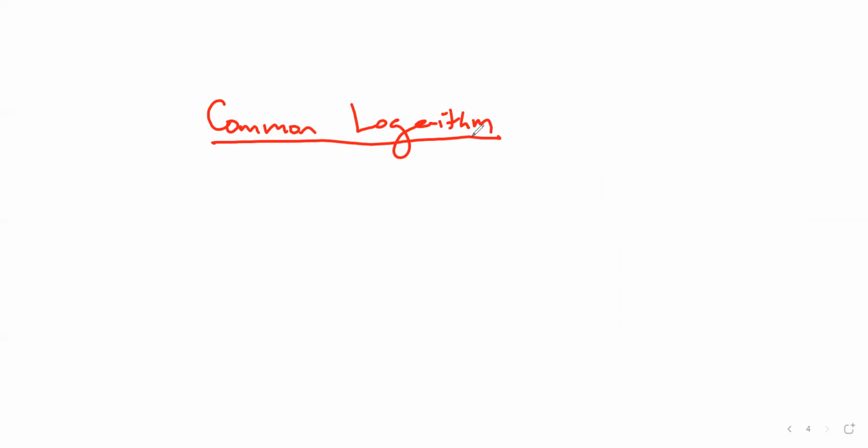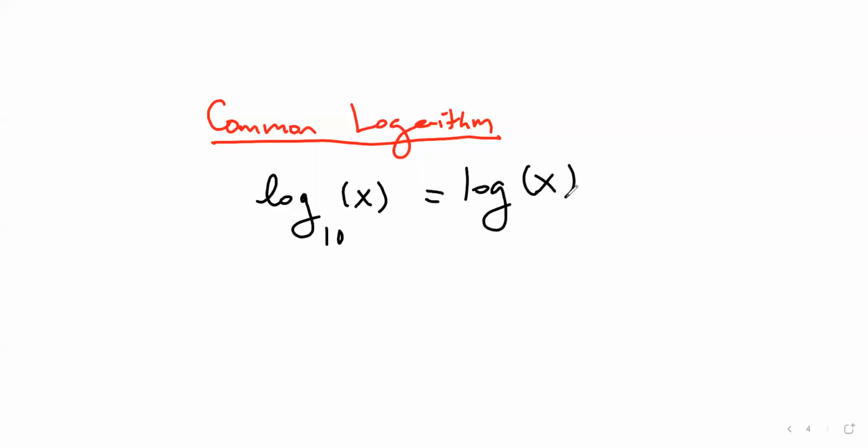So the common logarithm is basically the logarithm with the base 10. That will be written like this: log base 10 of x is written as log x. We don't specify the base if we're using the common logarithm. We'll just write it like this, and then it's understood that the base has to be 10.